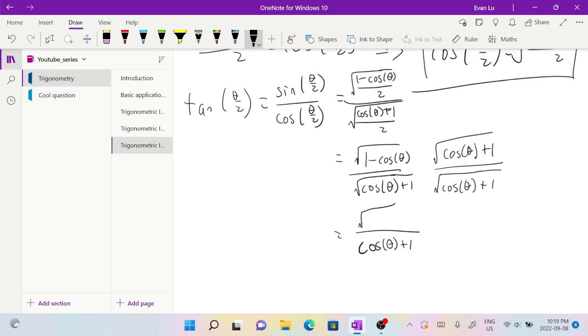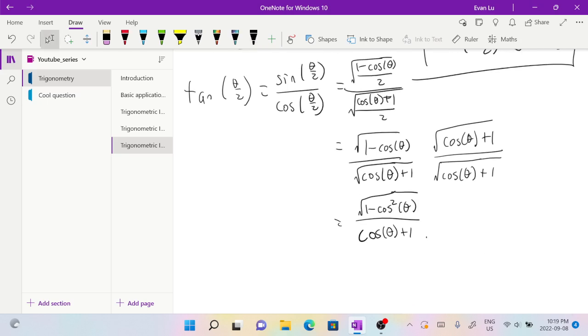So we will get square root of 1 minus cos squared theta. But of course, square root of 1 minus cos squared theta, well, I know that sine squared plus cos squared is 1. So 1 minus cos squared theta is the same thing as sine squared theta. So we can write that it's equal to square root of sine squared theta, which is sine theta, divided by cos theta plus 1.